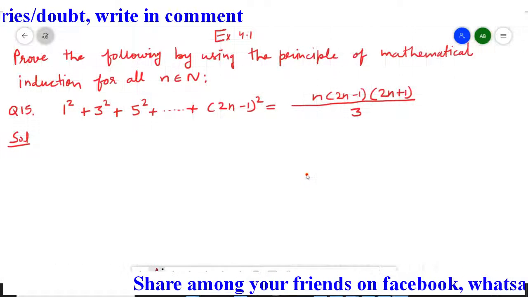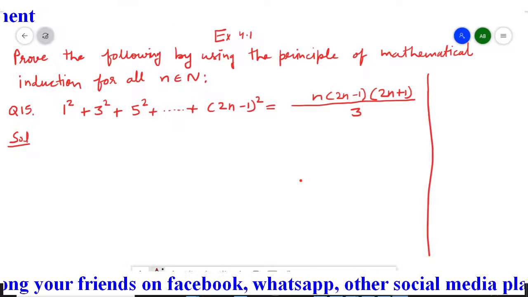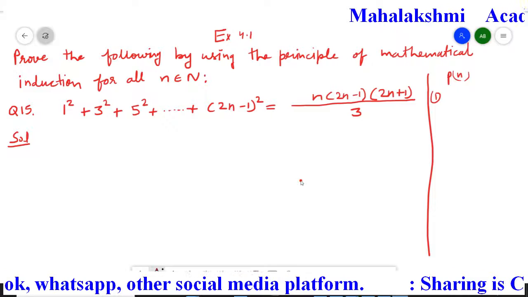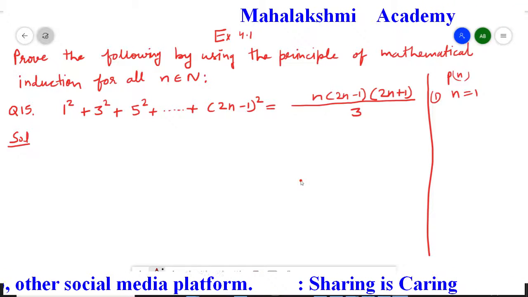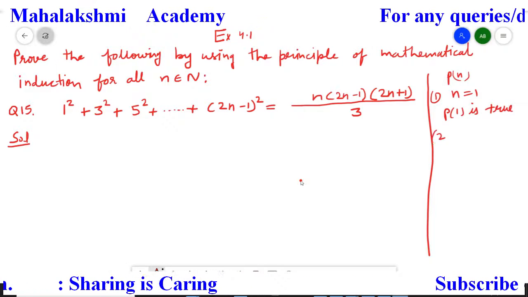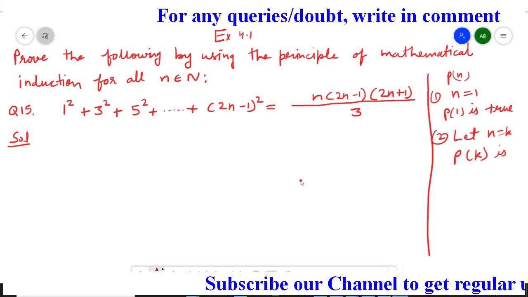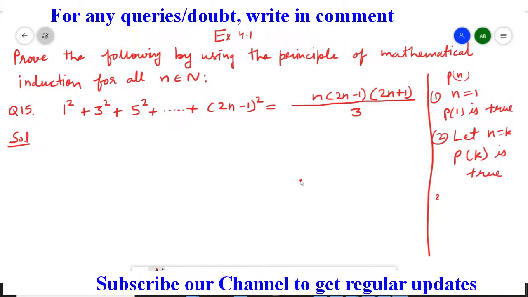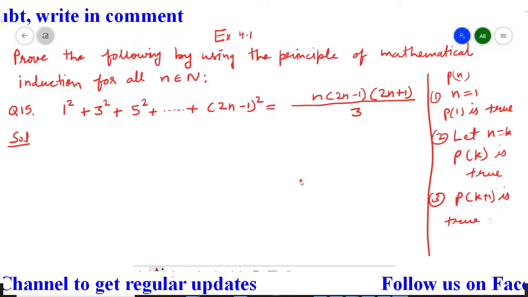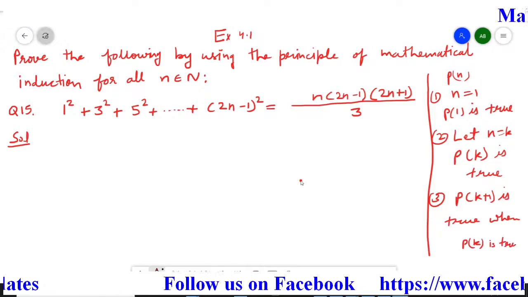So principle of mathematical induction has mainly 3 steps which I am writing here. The first step, firstly we have to assume the given statement as Pn, and in step first for n equal to 1 we are going to prove that P1 is true, and in second step we are going to assume that for n equal to k, Pk is true, and in the third step we are going to prove that Pk plus 1 is true when Pk statement is true.